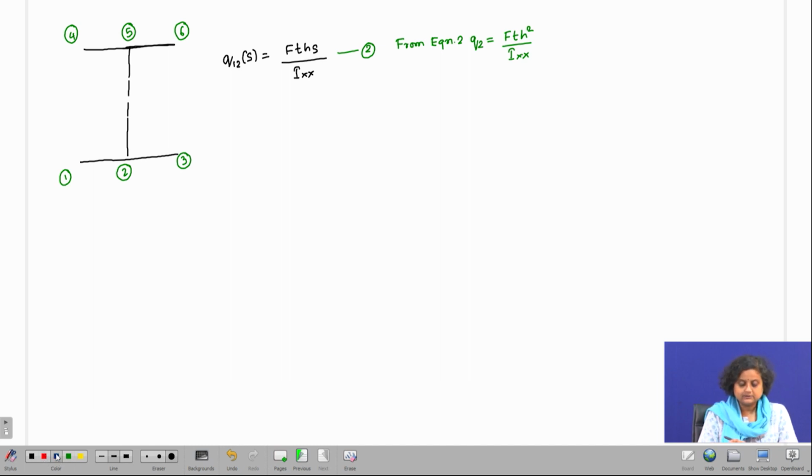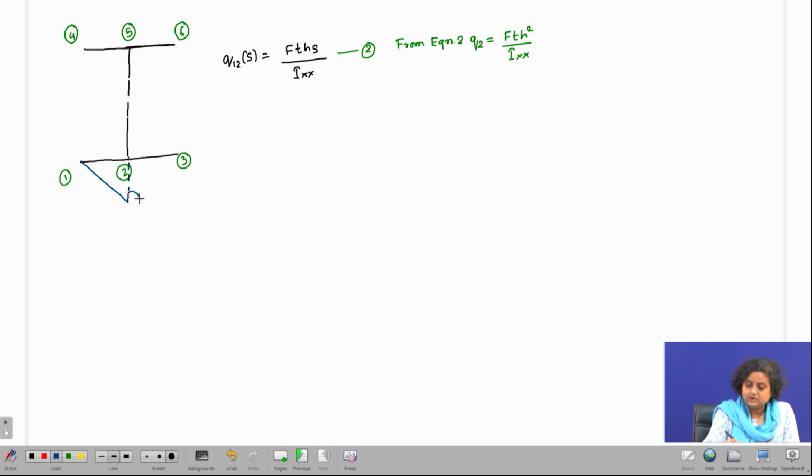So, if I draw the distribution at Q 1 it is equal to 0, and the distribution is going to be linear. So, this is how it is going to be distributed.